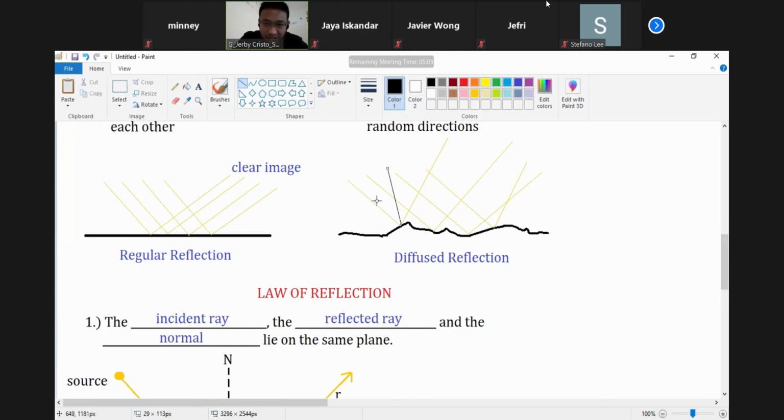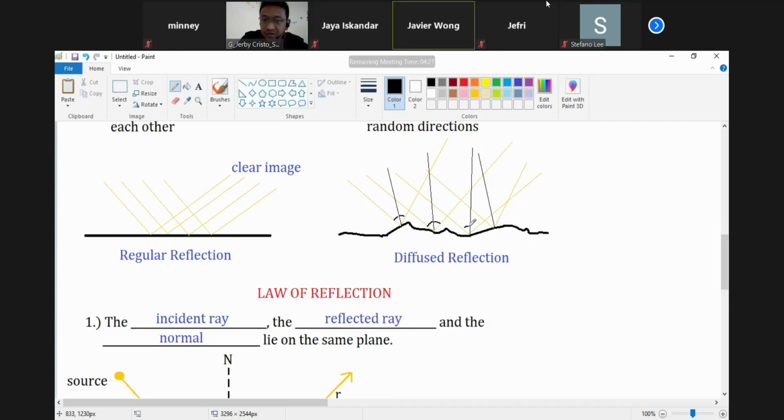For this incident and reflected ray, this is their normal. For this one, this is the normal. As you can see, the normals are in random directions, but we can say that the angle of incidence and the angle of reflection are equal. So they are still equal.